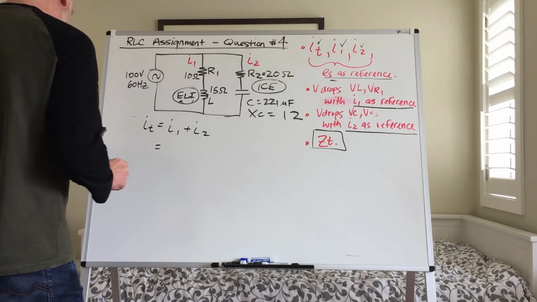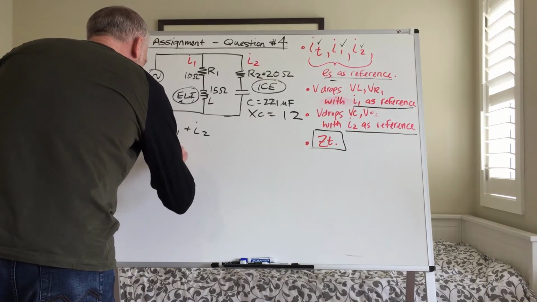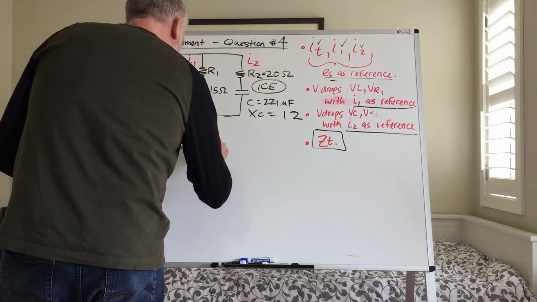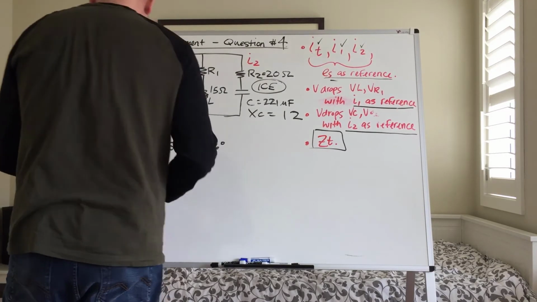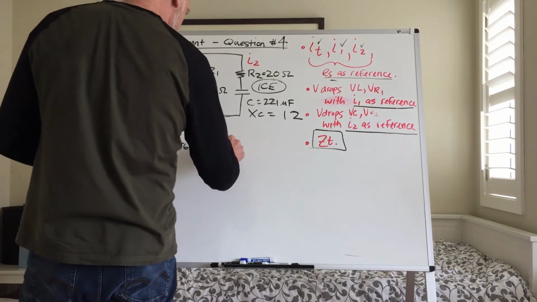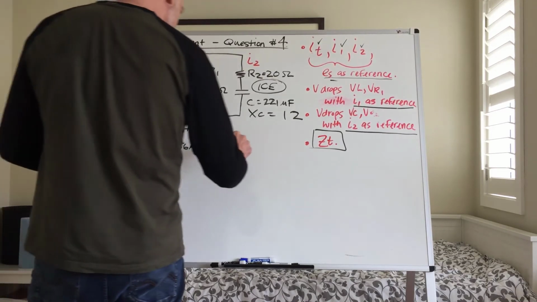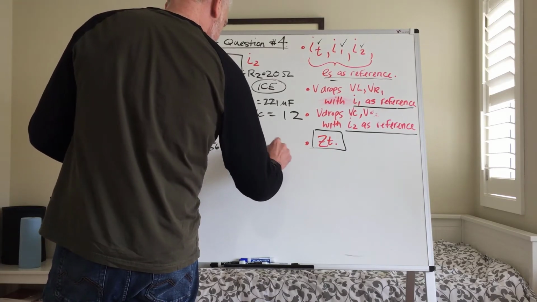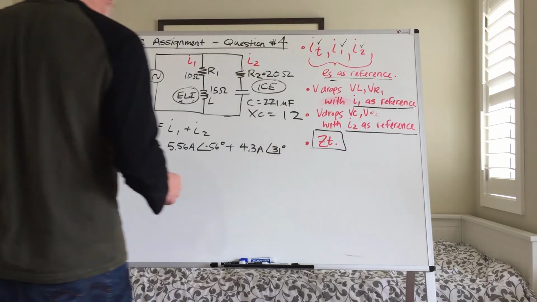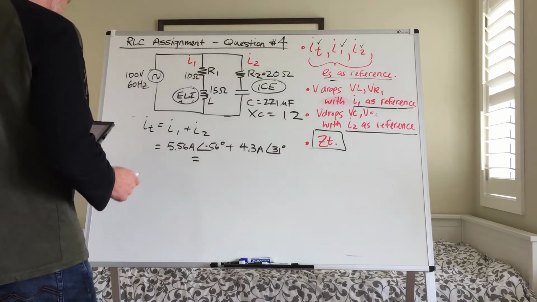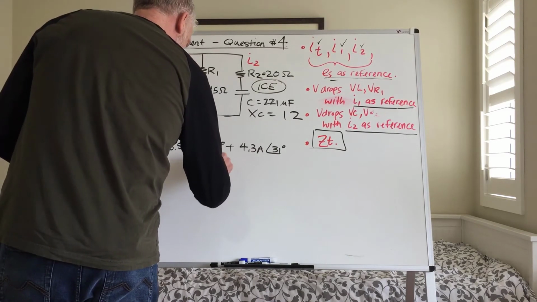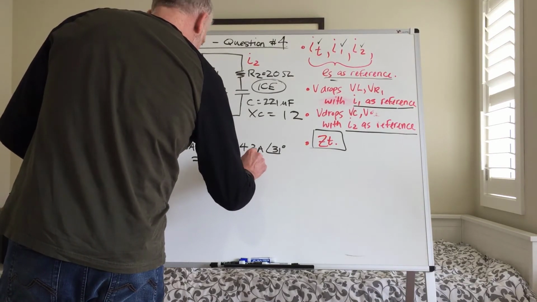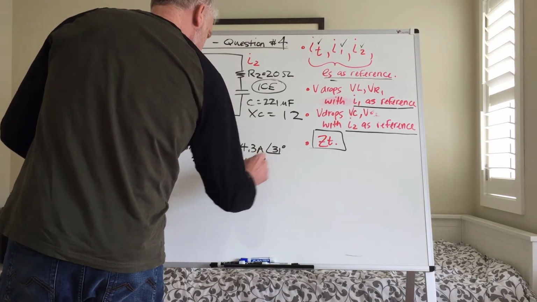If we take our I1 value as a polar value, we had 5.56 amps at an angle of minus 56 degrees, the lagging current from the inductive branch, added to the leading current of the capacitive branch, 4.3 amps at an angle of 31 degrees. Put that in your calculator and you'll come up with 7.2 amps at an angle of minus 19.4 degrees.